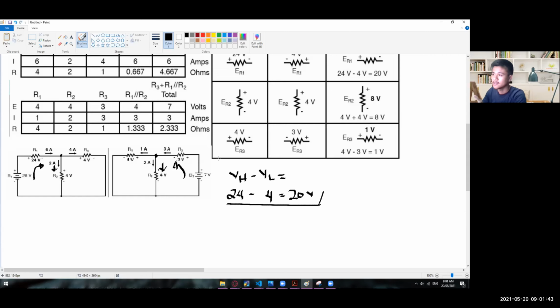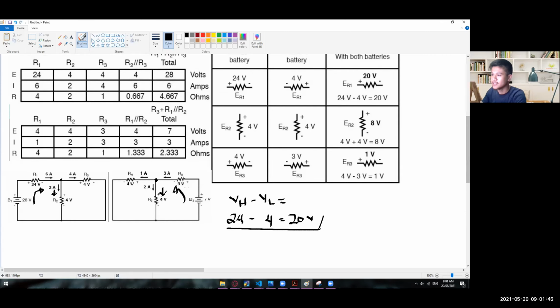And then for the ER3 right here, we have 3 volts, and then we have here 4 volts. So again, the same concept. The higher voltage is the one that is going to dominate the path or the branch. So we have here 4 volts minus 3 volts is equal to 1 volt for our R3.